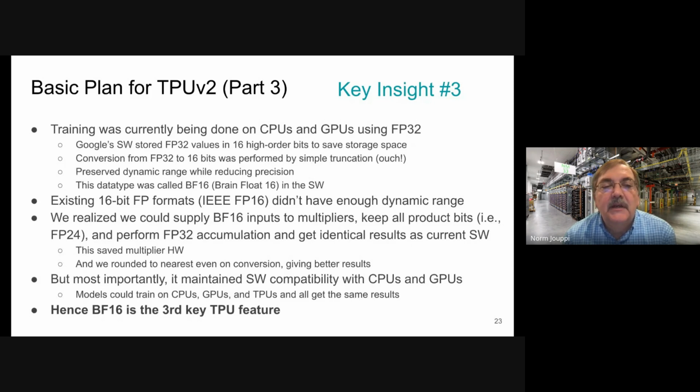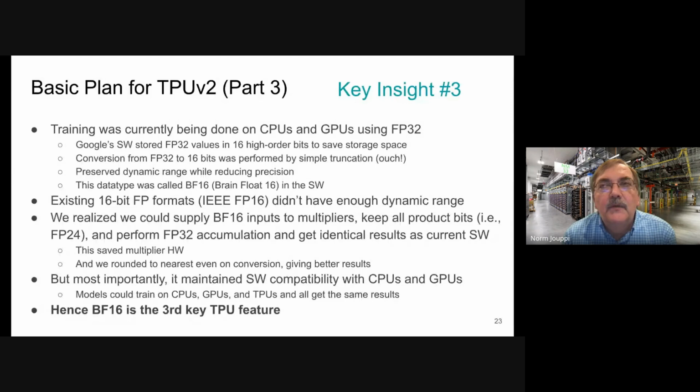So when we were designing the machine, we started with the bfloat16, which is what they called the FP32 with the 16 lower order bits missing, brainfloat16, as the base data type.